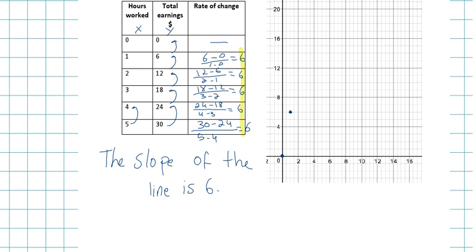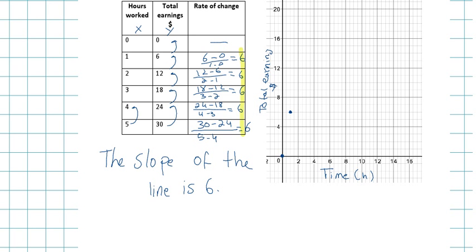Before we plot this, let's define the x and y axis. So this is the time in hours, and this is total earning in dollars. Okay? Very important that you label your axis.